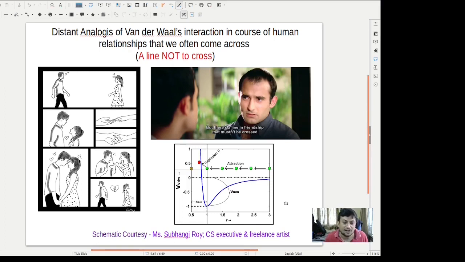Often we encounter people where we come close and get to know each other better, we feel attraction towards that person, but after a certain point we feel that we have unfortunately crossed a line which was not to be crossed, and it causes apathy and aversion and all kinds of negative feelings. Same phenomenon that happens within the atoms.